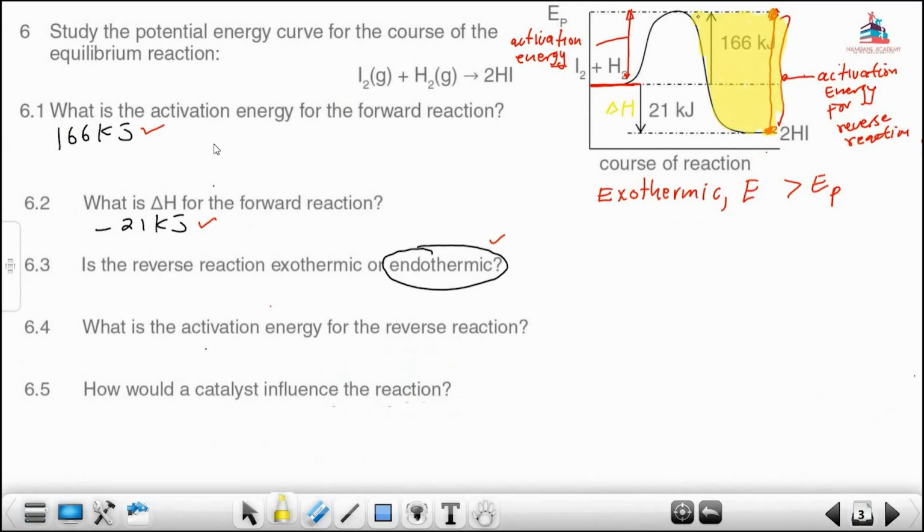So how can we get the total energy of the activation energy of the reverse reaction?